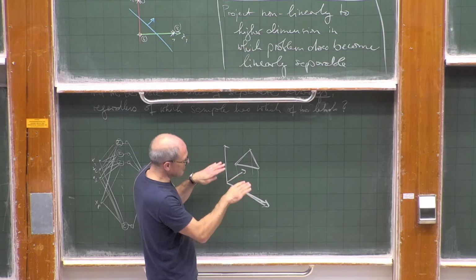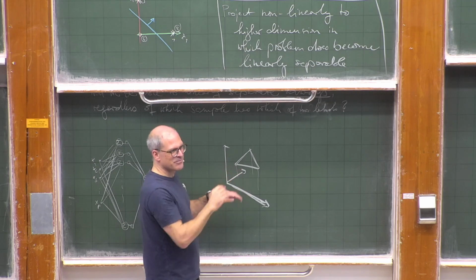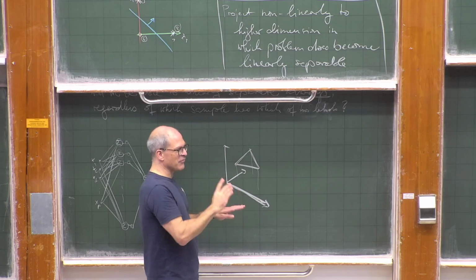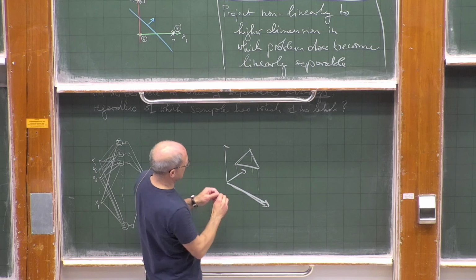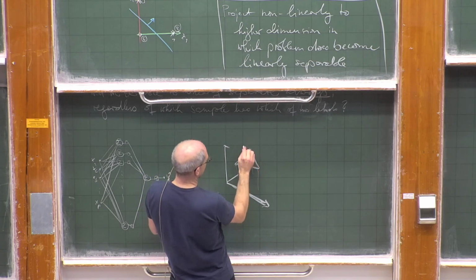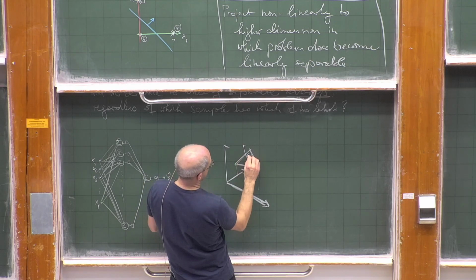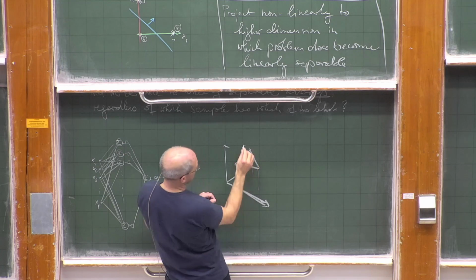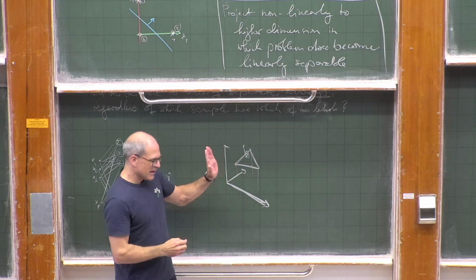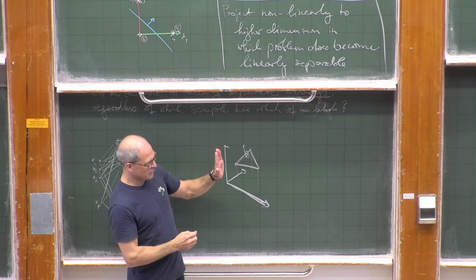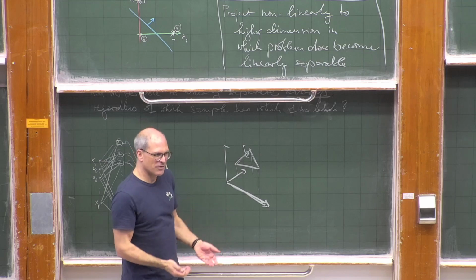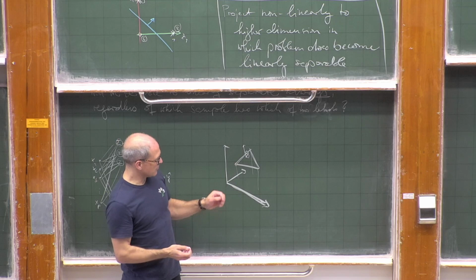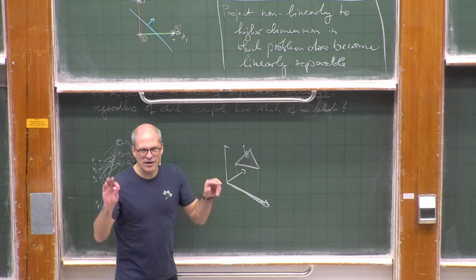And then I tilt my plane ever so slightly, such that class 1 is always above the plane and class 2 is always below the plane, because my plane has a normal vector, which I'm trying to show like so. I tilt the normal vector ever so slightly so that all the points from class 1 are above and all the points of class 2 are below. And this construction works as long as the points are in general position.